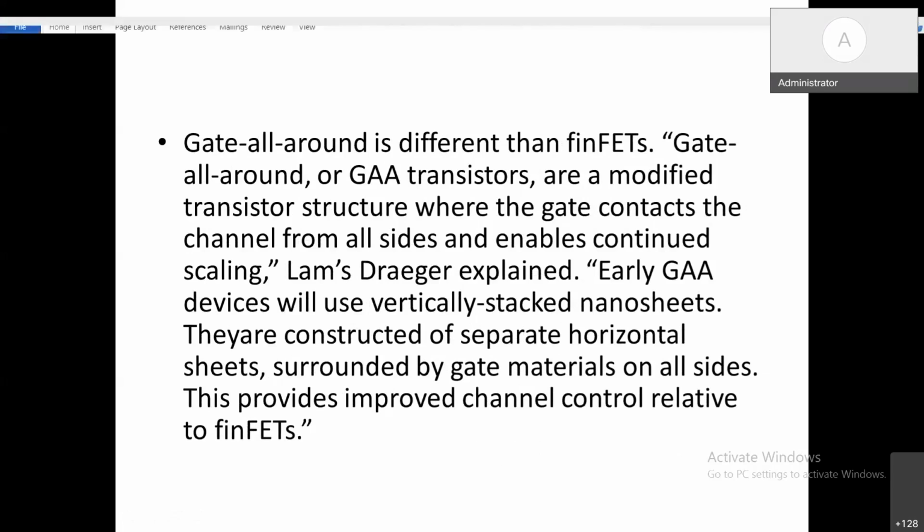So we can say that early GAA devices will use vertically stacked nanosheets surrounded by gate materials on all sides. This is what I explained in the structure. So that is what GAA is.